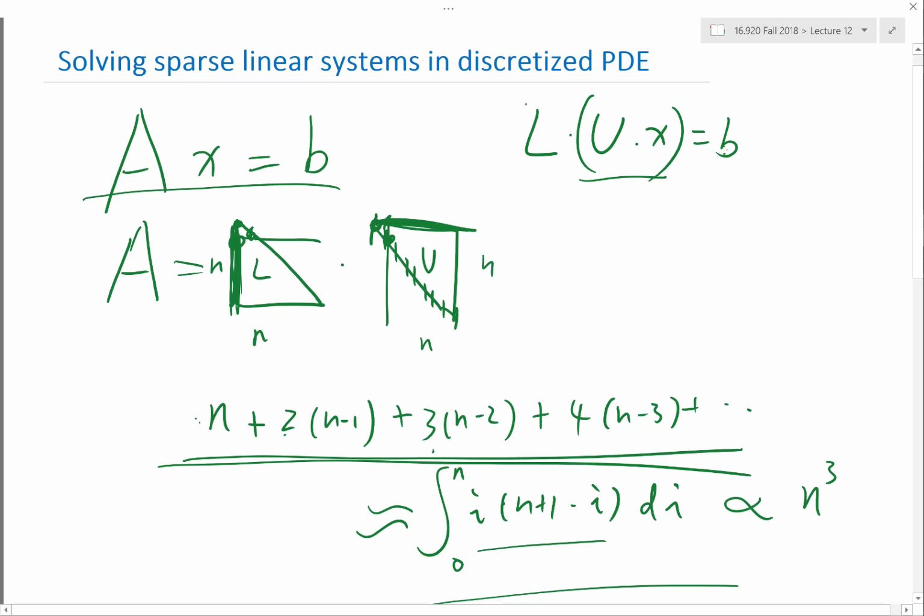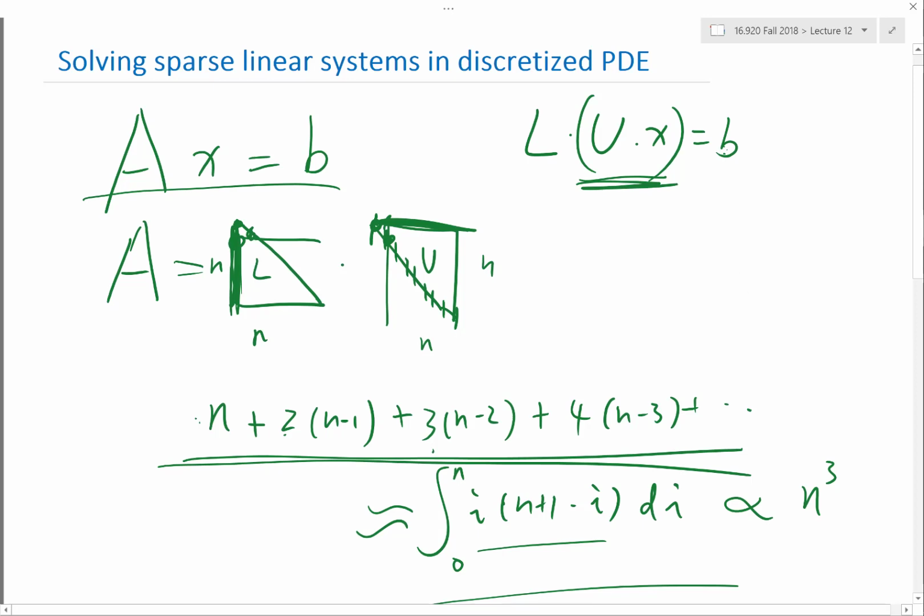And then once you've figured out the first entry of UX, you substitute it into the second equation and you get the second entry of UX. You substitute the first two entries of UX into the third equation, you get the third entry of UX. So you figure out UX, right?